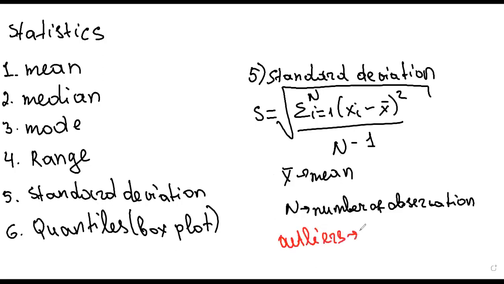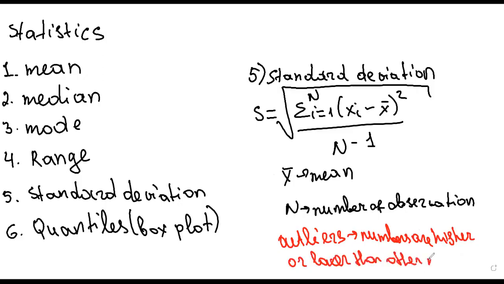Outliers are numbers that are significantly higher or significantly lower than the other numbers.